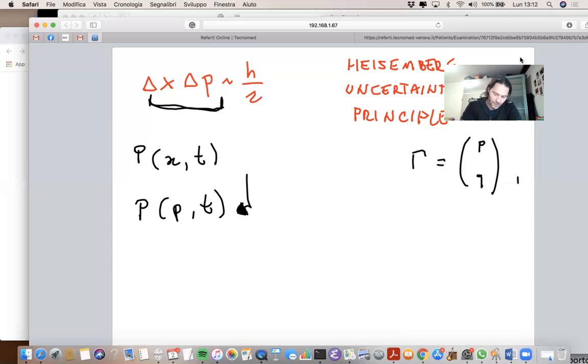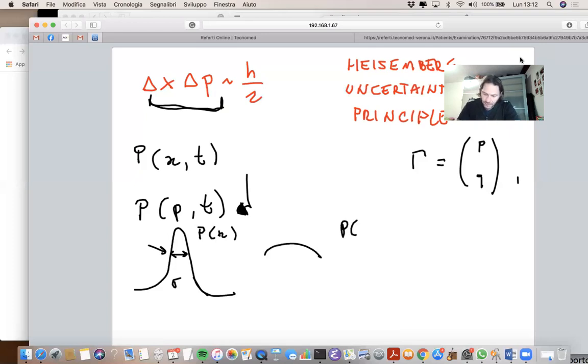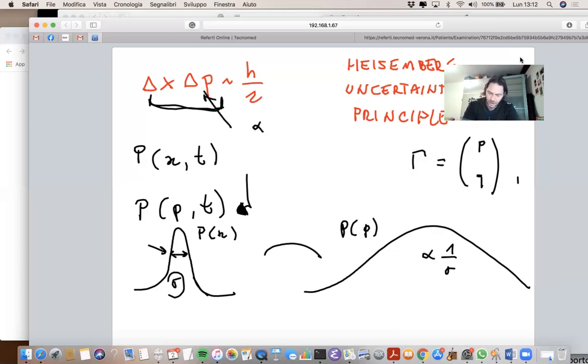Which means, for instance, if I have the wave function in position space that is extremely localized, with, say, a Gaussian with a very small typical width sigma, and this describes the probability of finding the particle at x, I want the probability to find the particle with momentum p to be correspondingly very spread out. Basically, the uncertainty on x is sigma. Then, of course, the uncertainty on p must be proportional to 1 over sigma, because the uncertainty on p is proportional to h over 2 delta x.